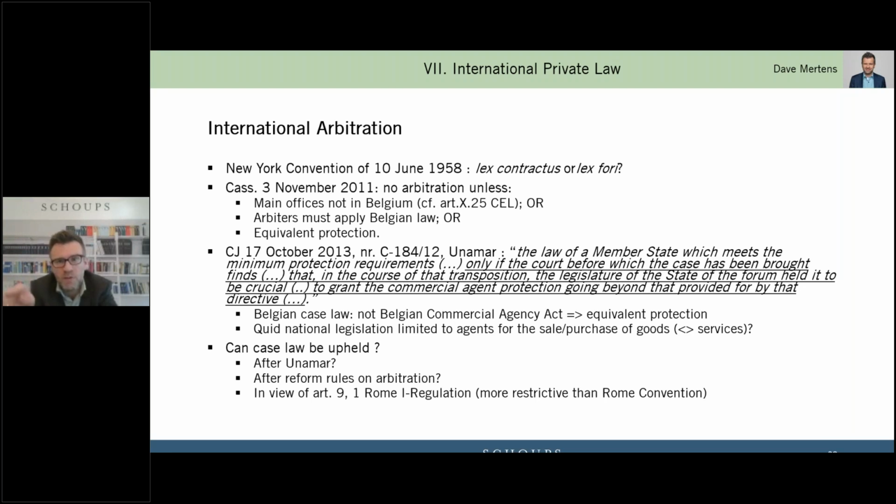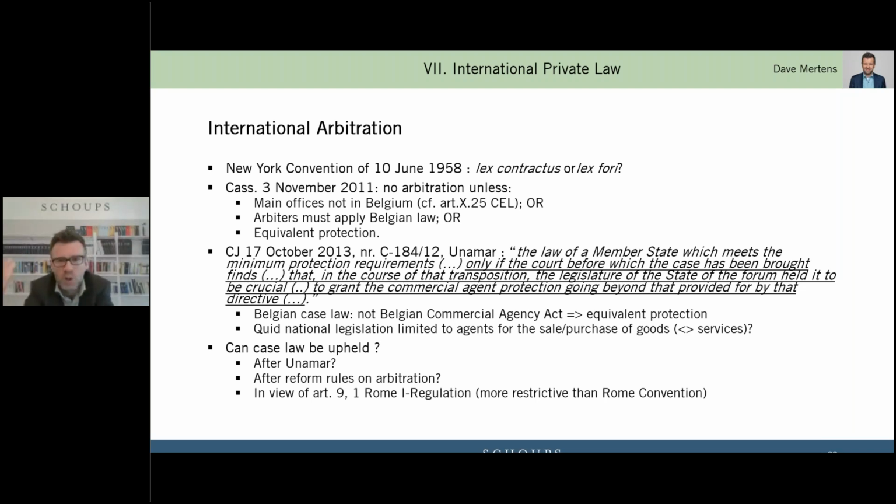You can only do so if, as a court, you rule that in the course of transposition, the legislator of the state held it of crucial importance to grant the commercial agent protection beyond that provided for by the directive. Belgian case law has meanwhile established that this is not the case for the Belgian Commercial Agency Act. The extension to services, for instance, I don't think the Belgian legislature thought about that.